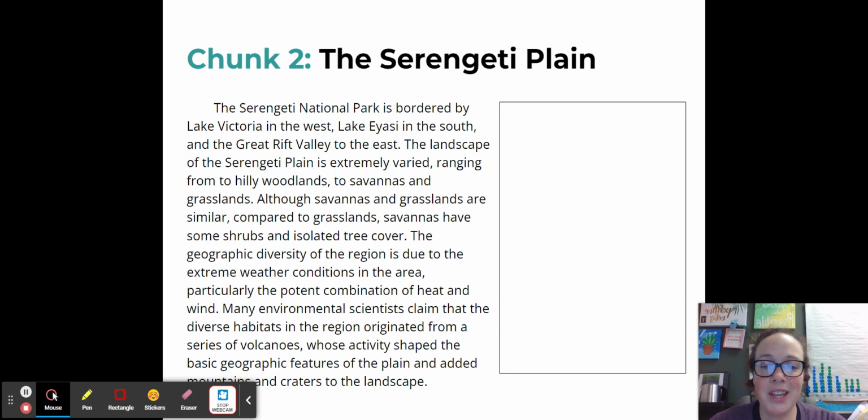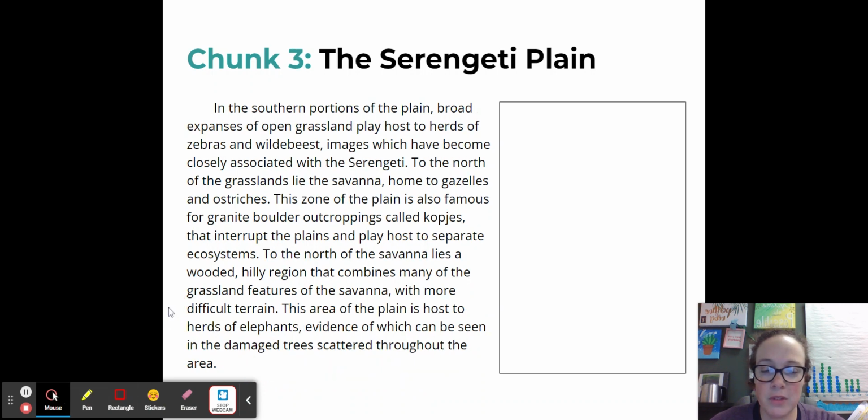Chunk 2, we're looking at where it's located and its regions. In chunk 3, it's talking about the different zones and some of the different ecosystems that lie within it. What do you find to the north, to the south? What species you're more likely to find in some places than others.